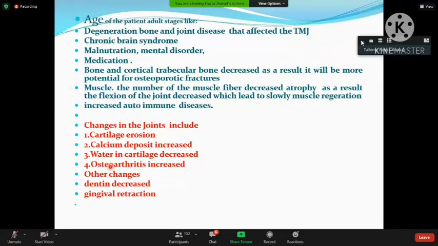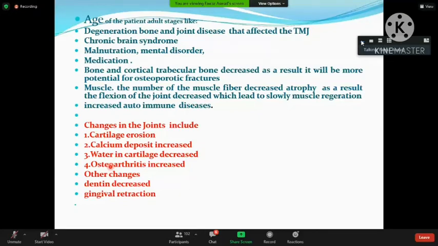I wouldn't suspect osteoarthritis, for example, in a young patient. I suspect that myofascial pain and muscle pain, generally speaking, is the main cause when I deal with a young patient.